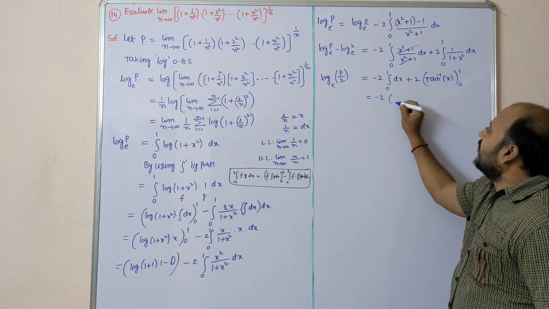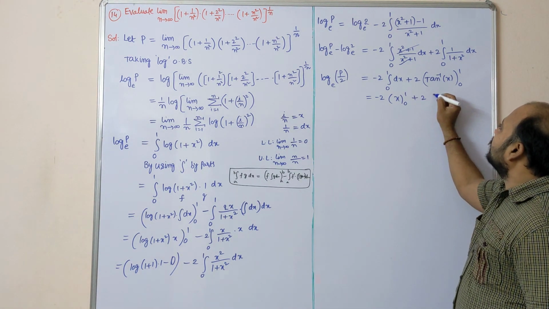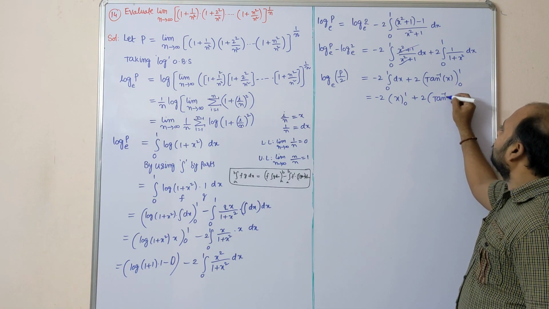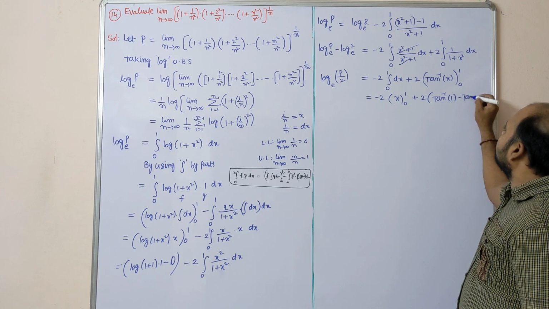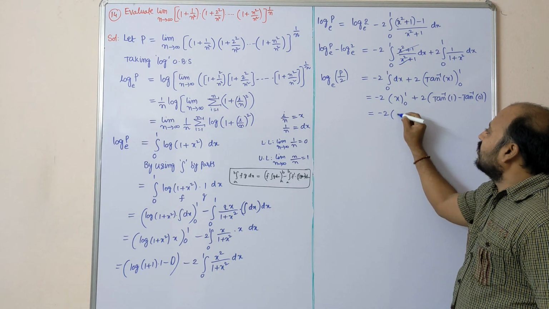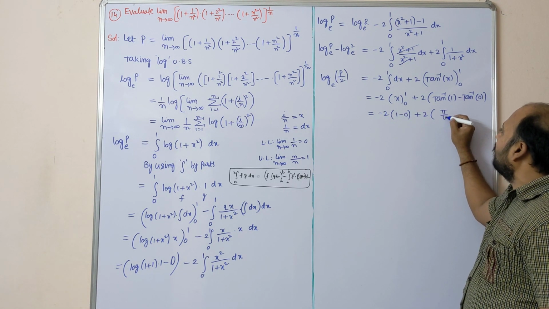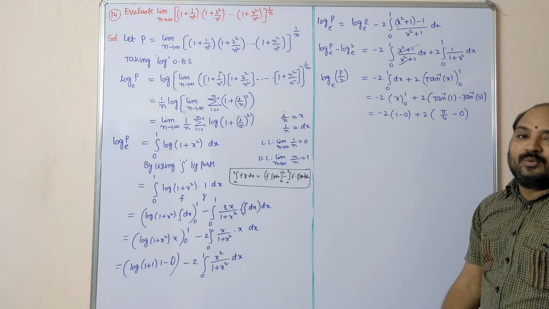So minus 2 into integral dx is x, applying the limit 0 to 1, plus 2 into tan inverse of 1 minus tan inverse of 0. That is equal to minus 2 into 1 minus 0 plus 2 into tan inverse 1, which is pi by 4, minus tan inverse 0, which is 0.